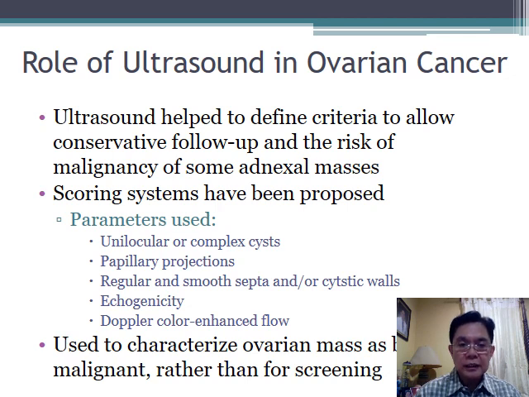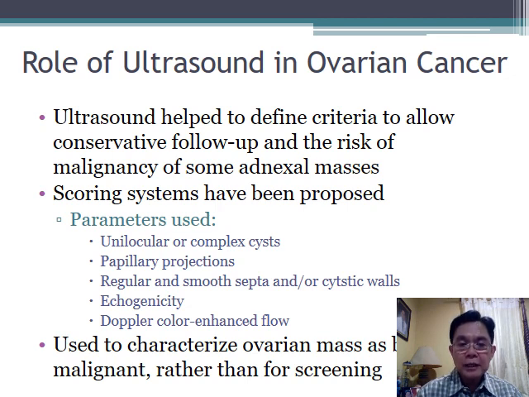And I would like to recommend that you review these different scoring systems that are used in ovarian cancer. So we must differentiate based on these different parameters. We can more or less predict highly the probability of ovarian cancer.